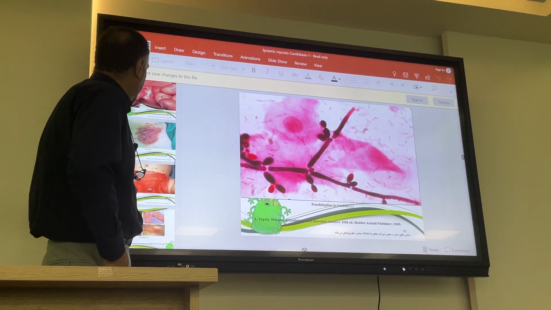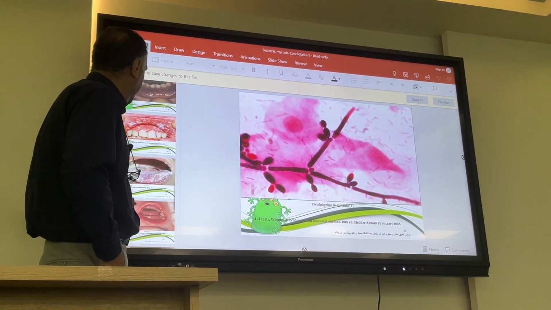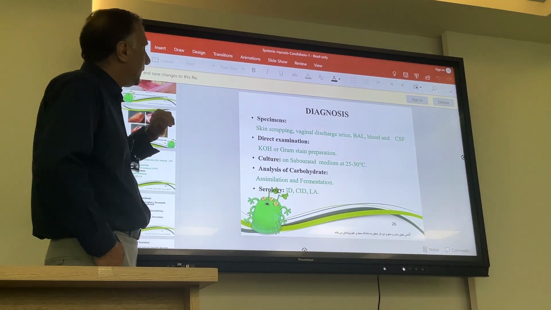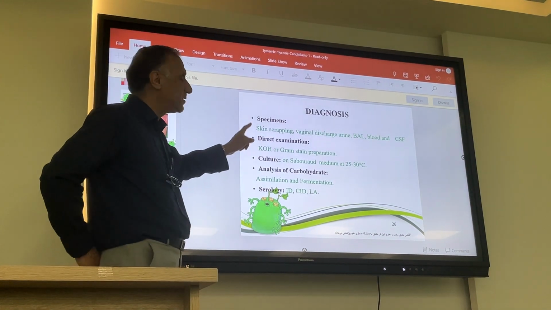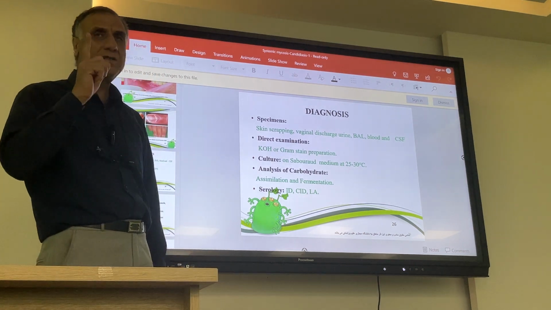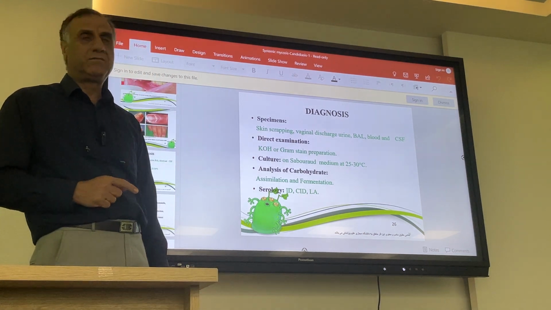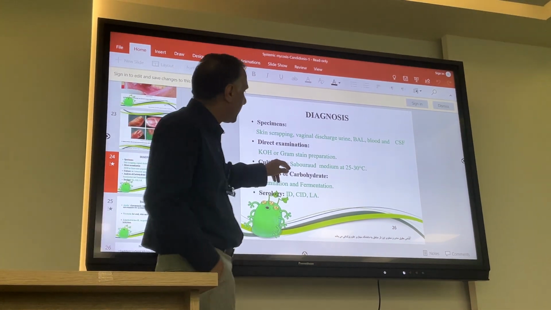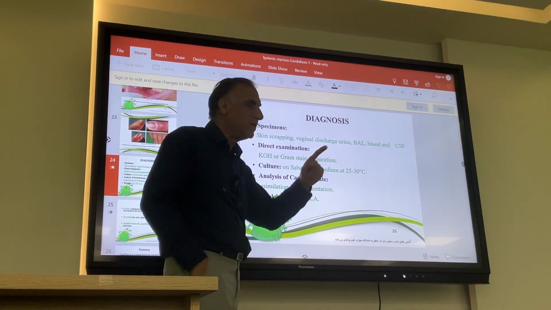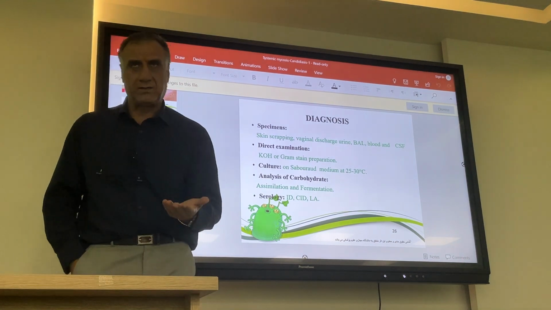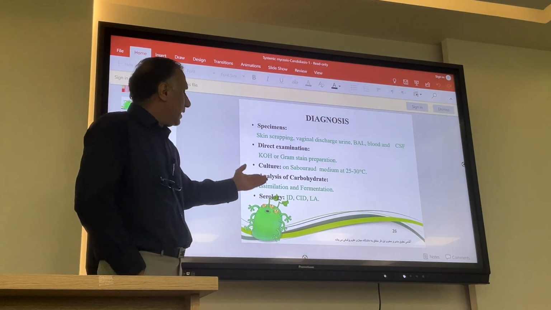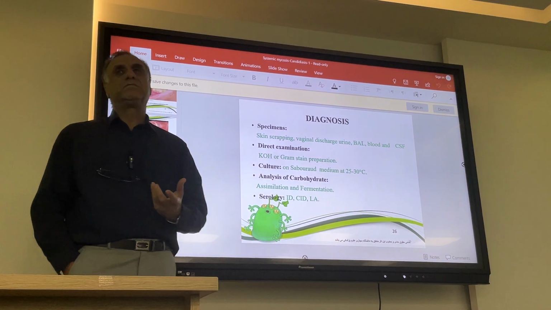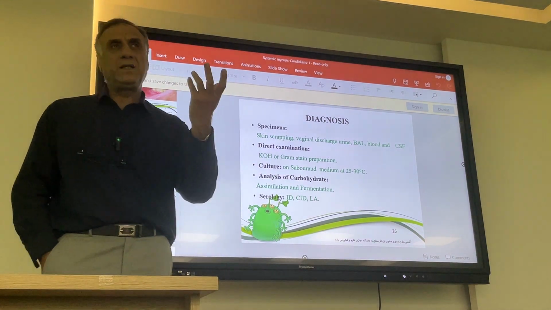In candidiasis, for detection of the species of Candida, you must culture the specimen. Culture on SC, Sabouraud chloramphenicol. In culture, you find the colony.